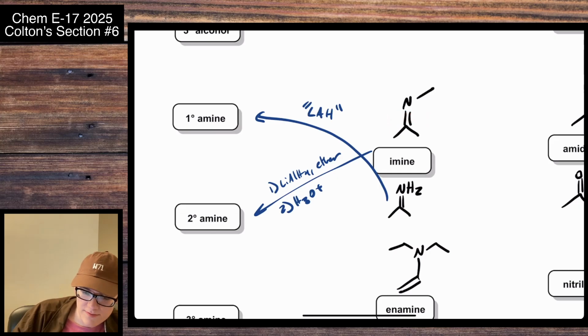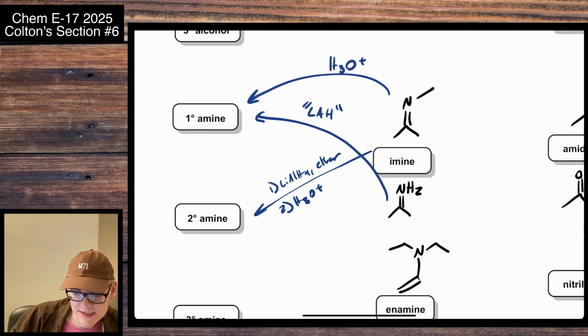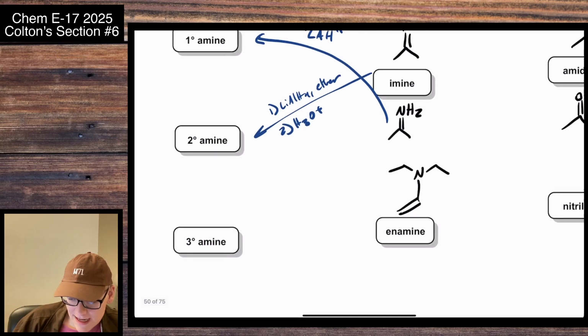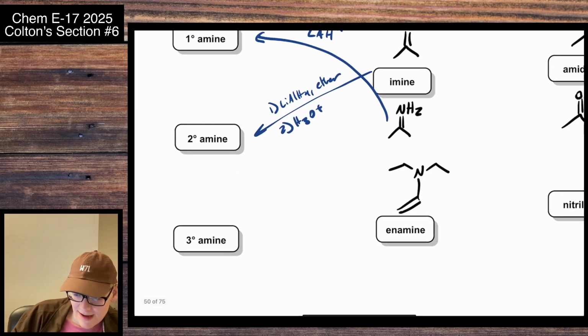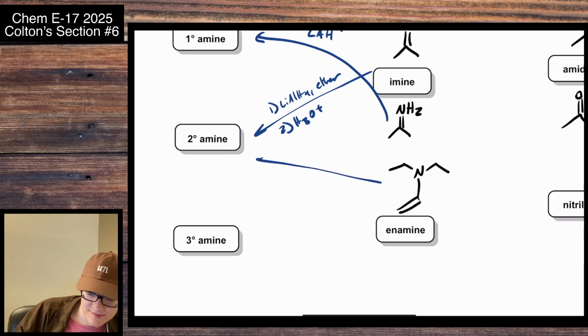We could go from this imine, and if we just add H3O+, then that is going to sever this, make NH2, and then put a carbonyl on it. So we can make a primary amine that way by chopping up an imine. And then over here, we can hydrolyze an enamine, and that's going to chop it up down here and make our carbonyl, and that would make a secondary amine. So we can do H3O+ to form a secondary amine.